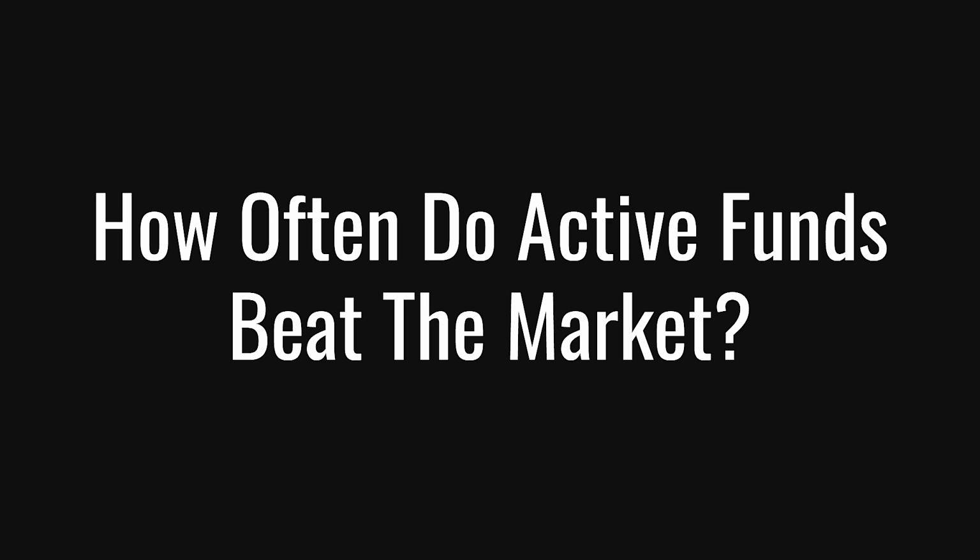And that brings us to the question of how often active managers outperform. The index provider S&P Dow Jones Indices has a very large and extensive database of active managers to track which ones have beaten their respective index.